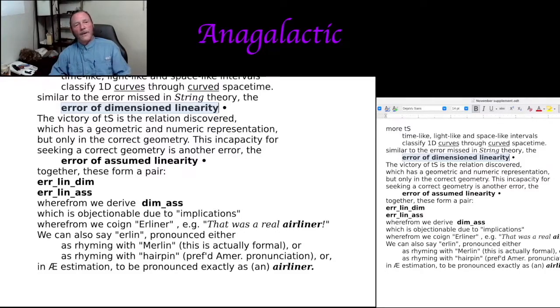But this matter of the time-like, light-like, and space-like intervals of classical space-time, this is what all of them use. All of the astrophysicists use this space-time interval. And it's wrong. But why is it wrong?